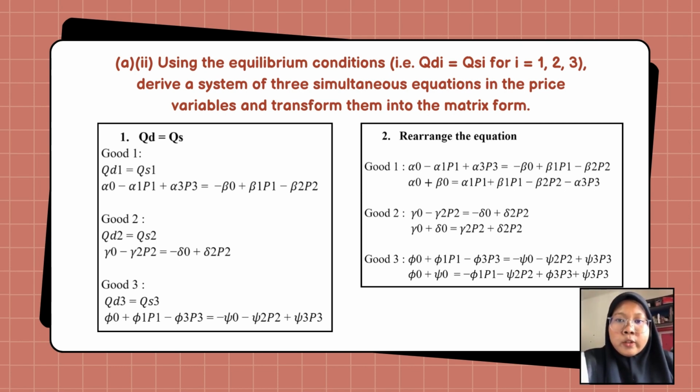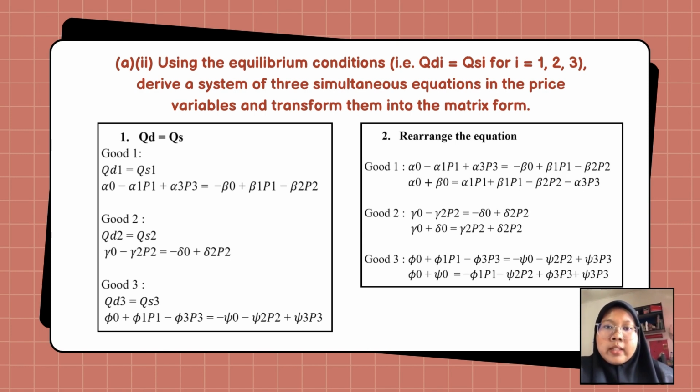After that, we do good 2: QD2 equal to QS2, which is gamma 0 minus gamma 2 P2 equal to negative delta 0 plus delta 2 P2. We also use the same method for good 3. Good 3 is QD3 equal to QS3: phi 0 plus phi 1 P1 minus phi 3 P3 equal to negative psi 0 minus psi 2 P2 plus psi 3 P3.